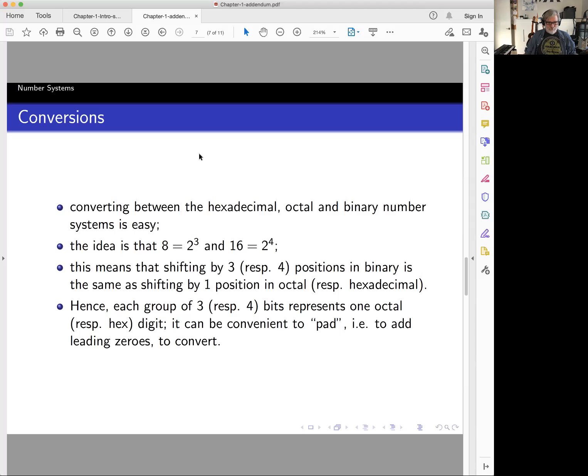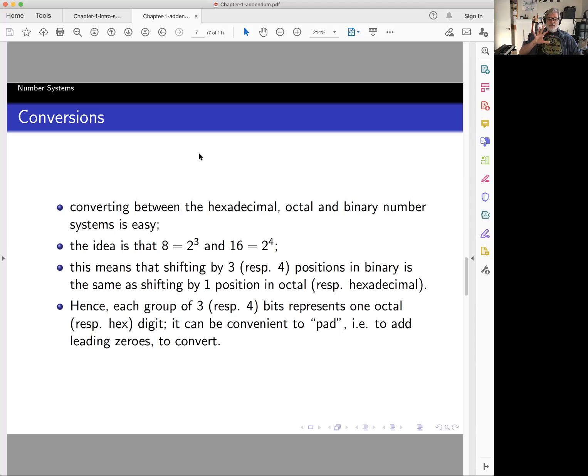So hex and octal are a compromise. They are very close to binary, but they look like decimals, so they're easier for us to read, memorize or understand than just long sequences of zeros and ones. The basic idea is that 8 and 16 are powers of 2. You should think about this a little bit, because it takes a few minutes to figure it out, but it's not hard.